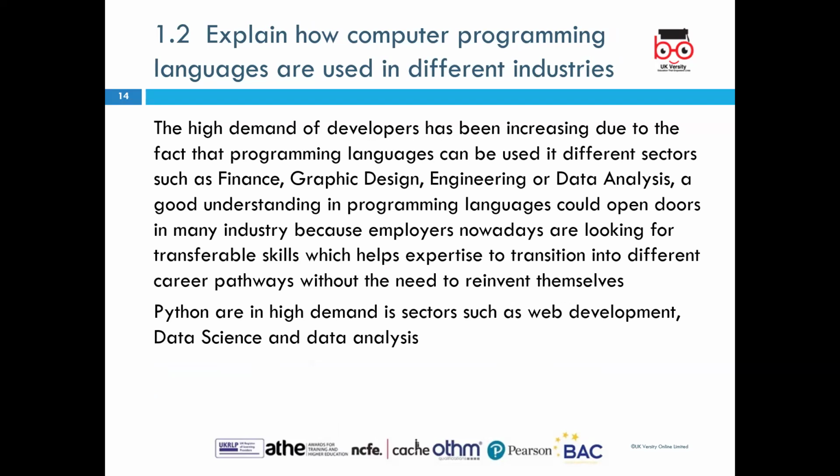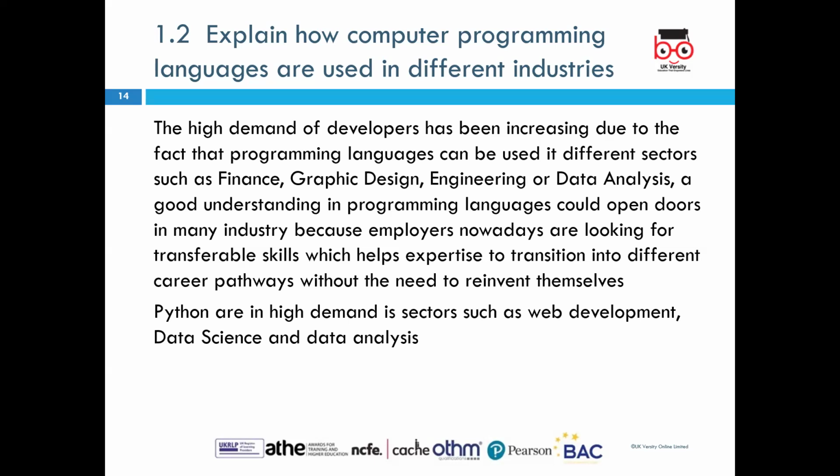So in our learning outcome 2, we have to look into how computer programming languages are used in different industries. So we know that when working as startup companies, we always have to choose which industry to work on. This could be either the healthcare sector, graphic designing, engineering, finance, education, or so on.